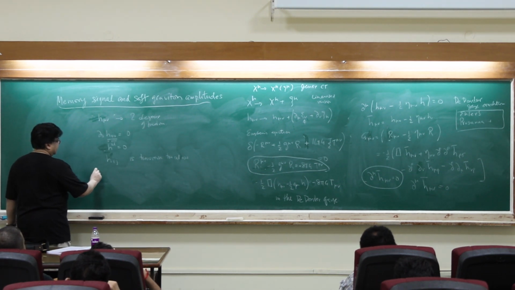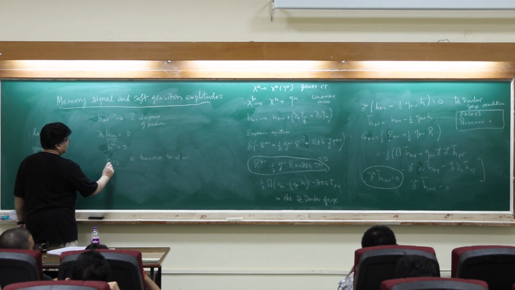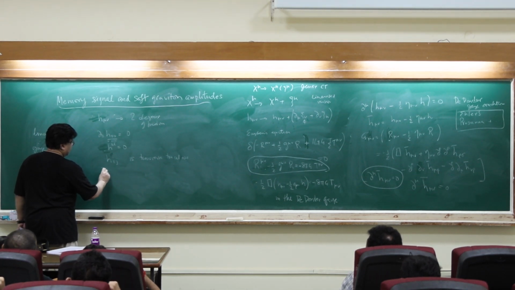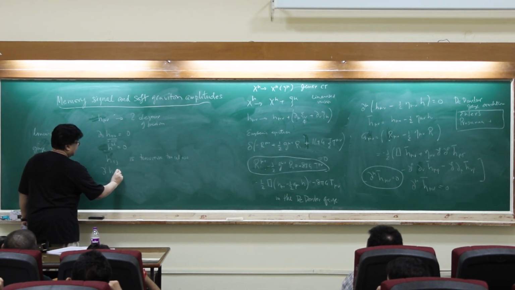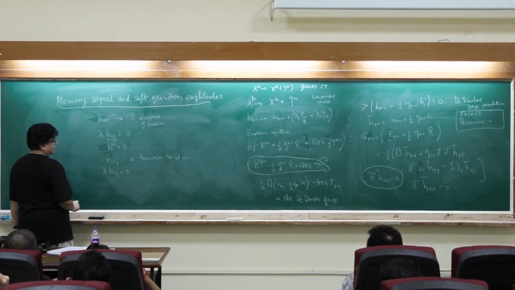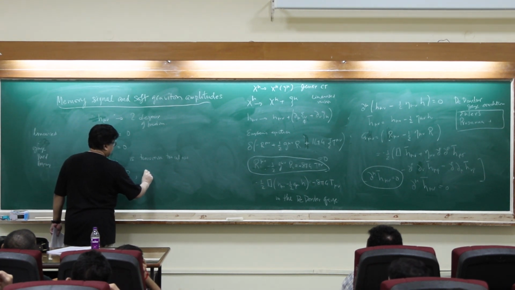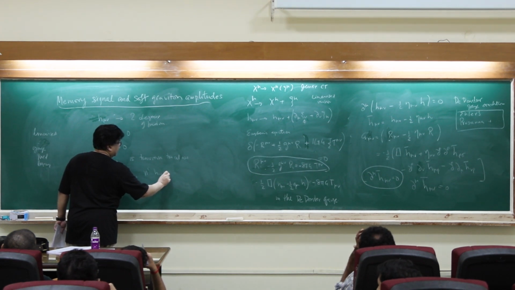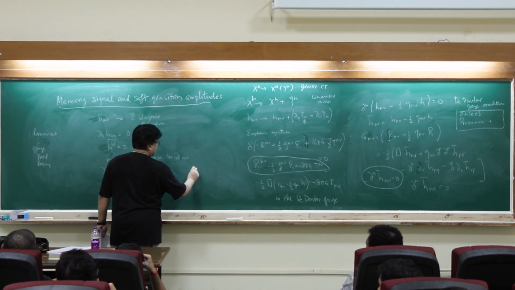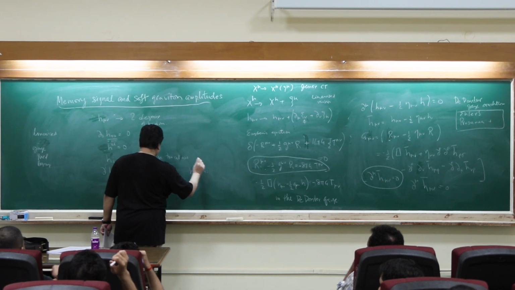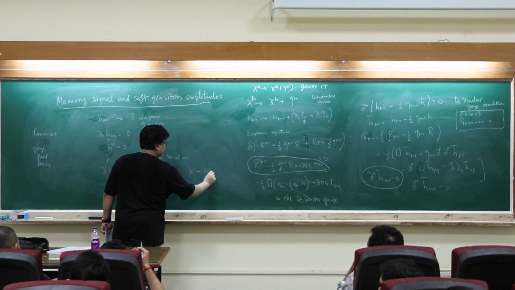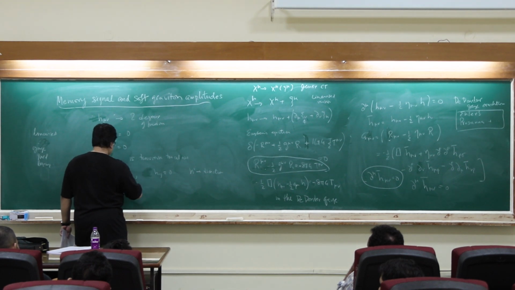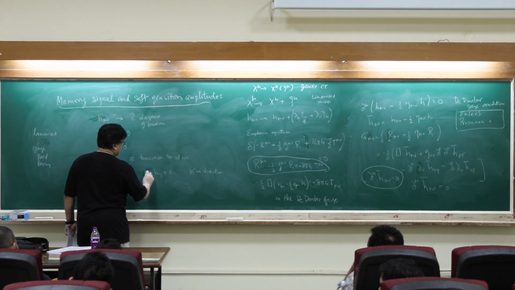Which means that, supposing I have this is 0, where Ni is the direction, that is the same thing, eta ij.